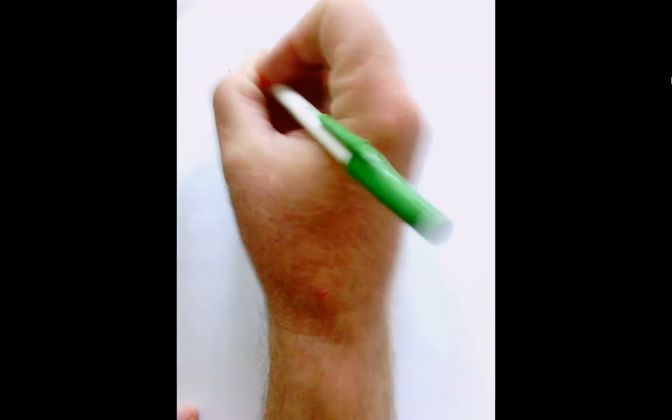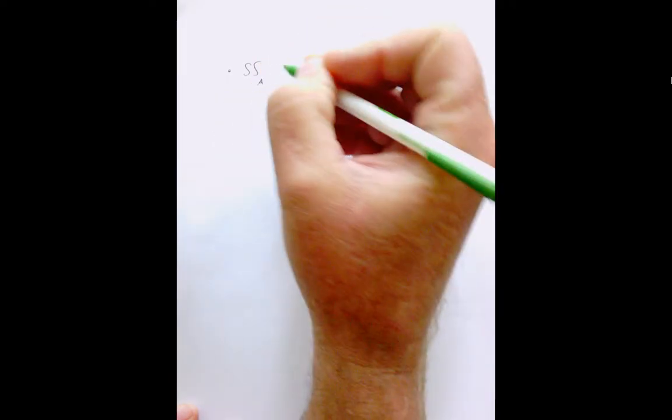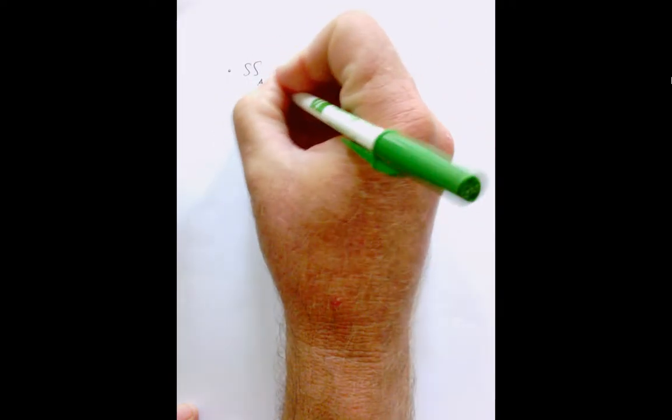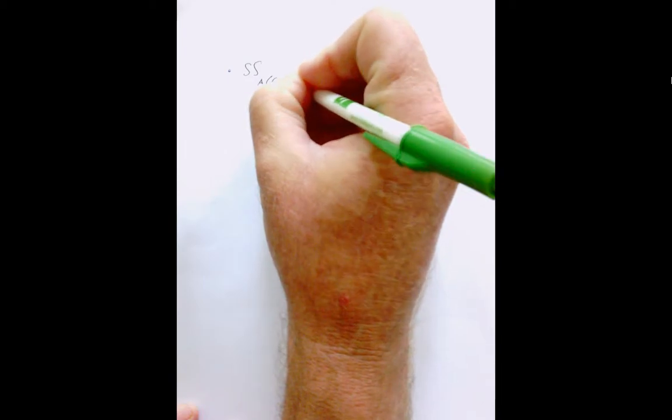So guys, the very first thing I would want to do is calculate the sum of squares for just factor A, and let's just call this, in this case, gender.